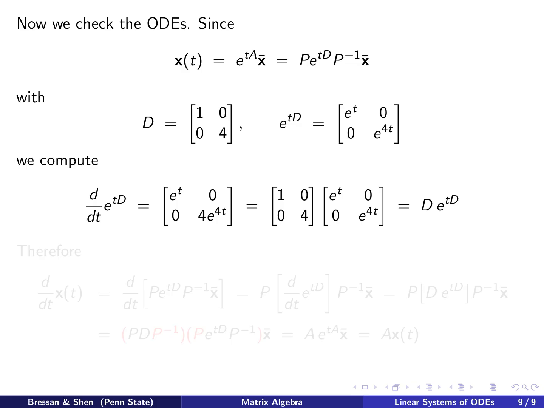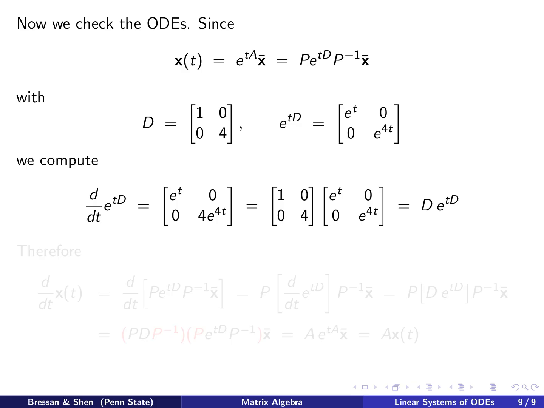So let's see that x(t) here, we will have it as e to the tA times x bar. We can put in the exponential of A, which is P times e to the tD times P inverse, where this is the diagonal, and then e to the tD is this diagonal matrix.